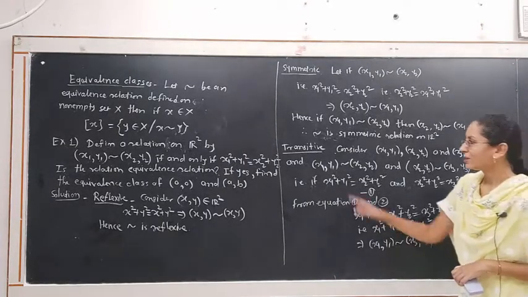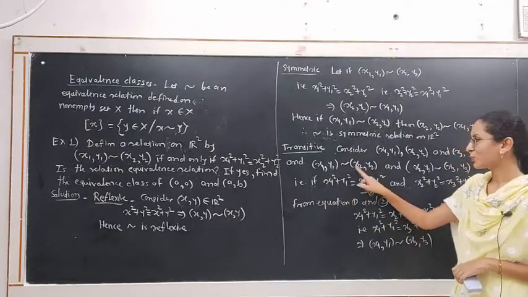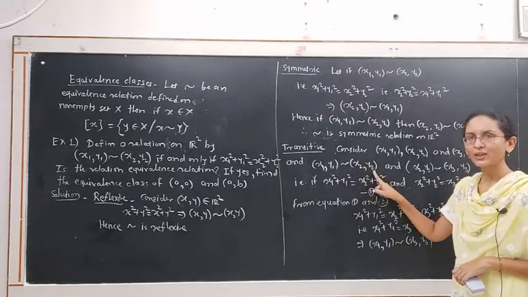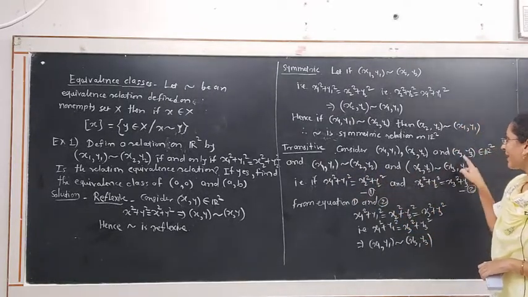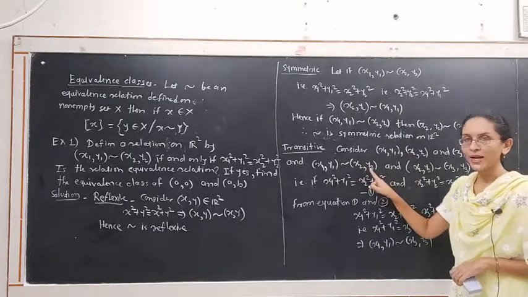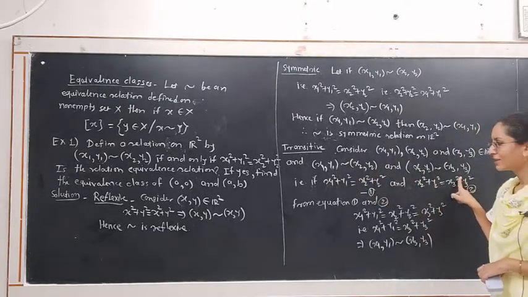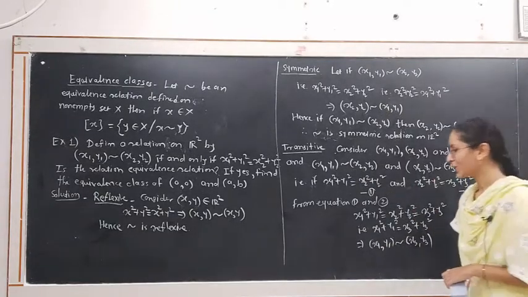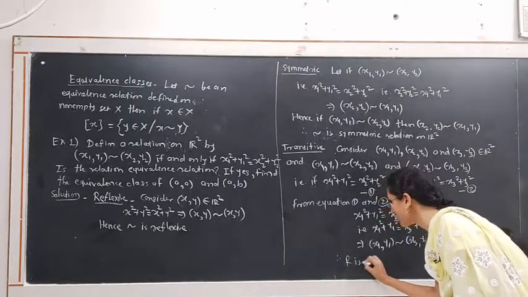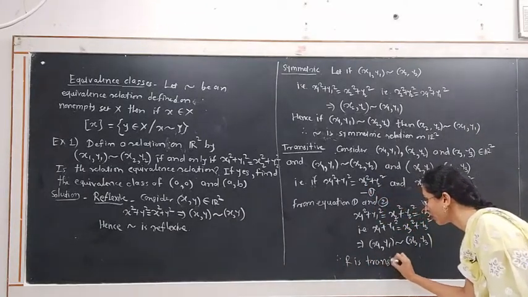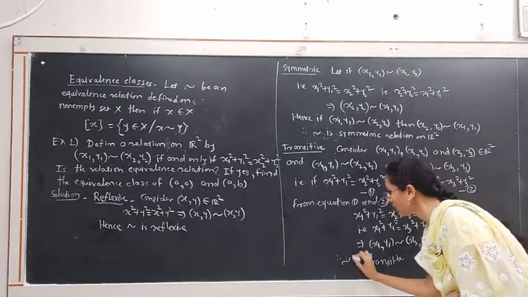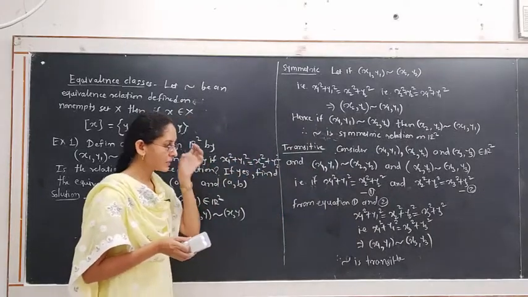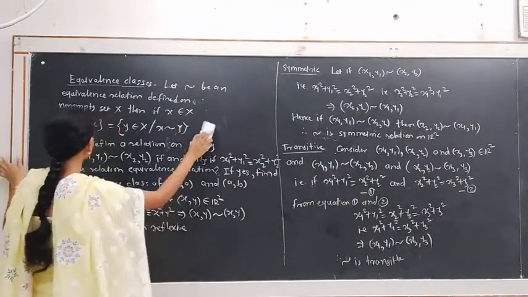Hence, if x is related to y, where x is the point (x1, y1) in R2, y is the point (x2, y2) and z is the point (x3, y3), and y is related to z, then we proved x is related to z. Hence, R is a transitive relation. Therefore, the given relation is reflexive, symmetric and transitive. Hence, it is an equivalence relation.